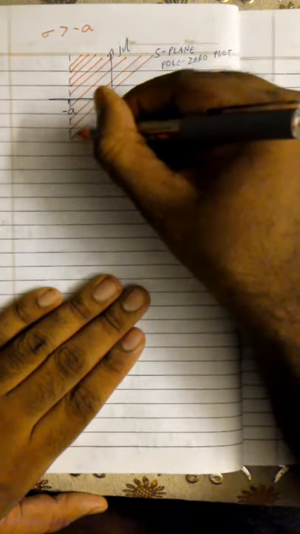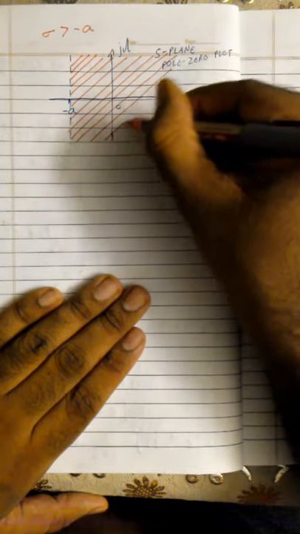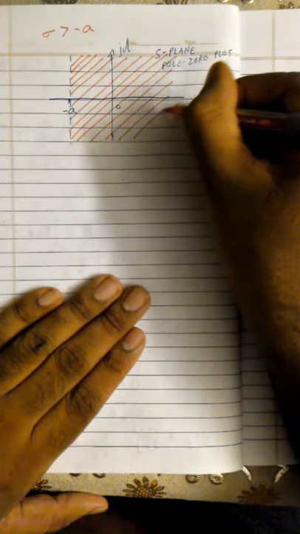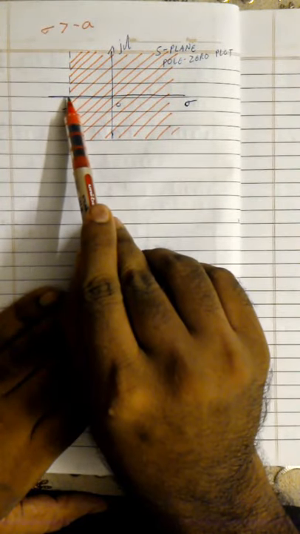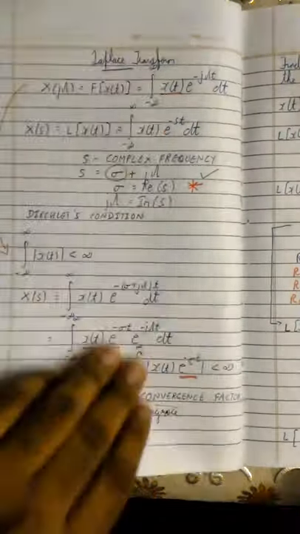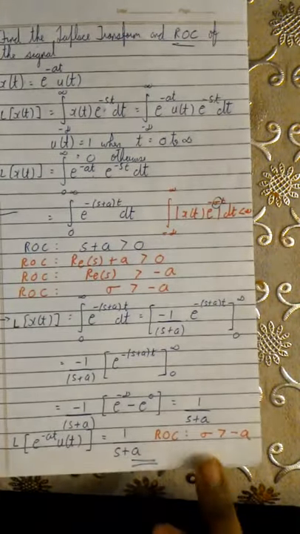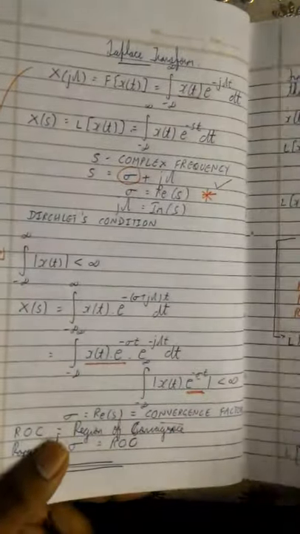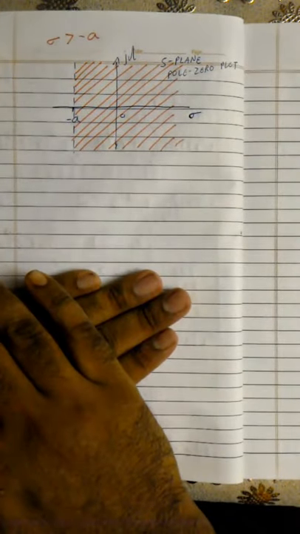The value of j omega can be anything, but the value of sigma must be greater than minus a. So any value from minus a to infinity will be enough to define the Laplace transform of the given question. That is the meaning of this graph. This is how we represent the region of convergence.